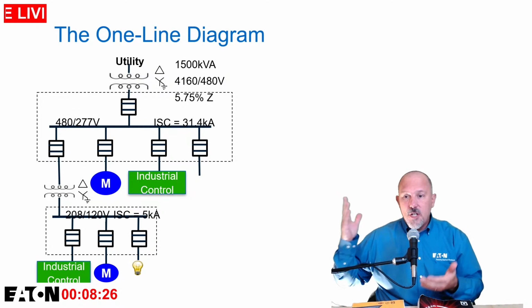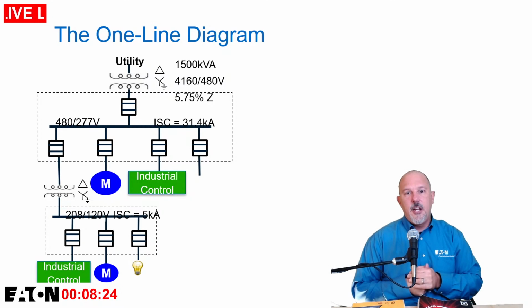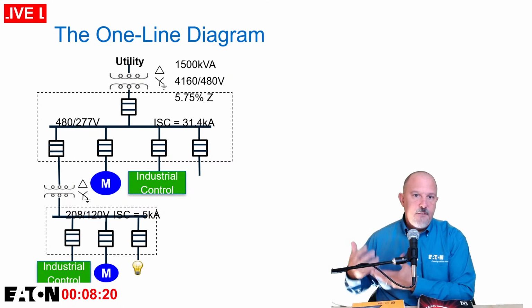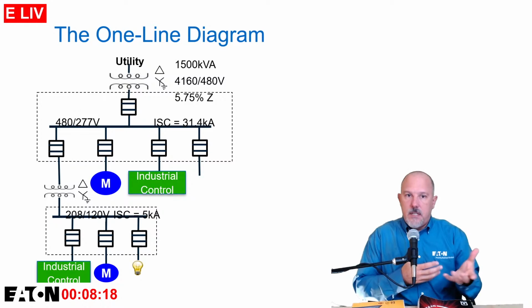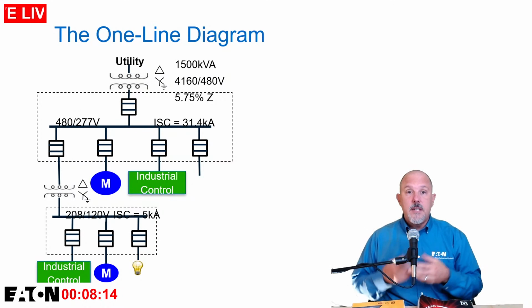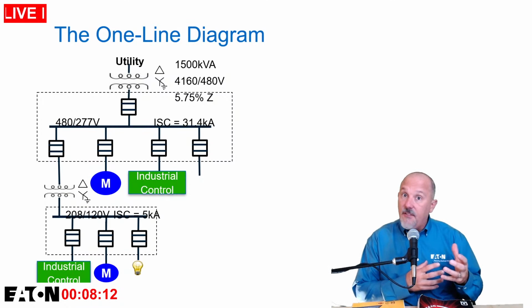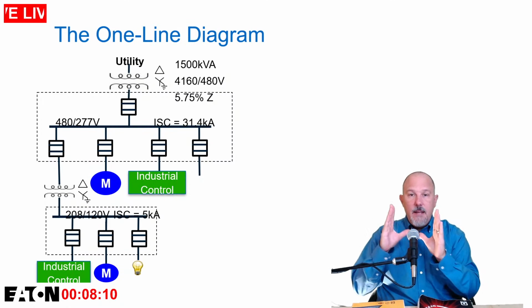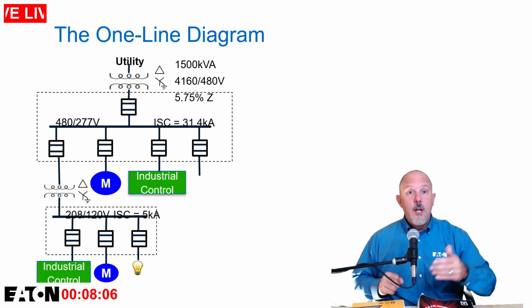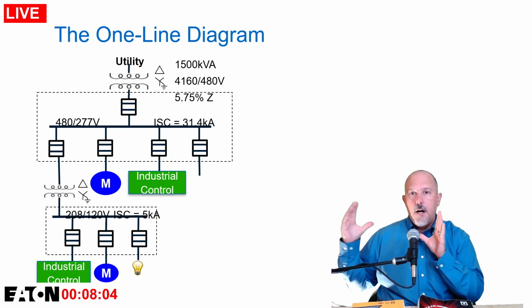Now, what I'm showing here is a one-line diagram that has your 1500 kVA, 4160. I'm showing voltage right next to this symbol. It could be that your one-line diagram doesn't have all of the information right next to every component. There could be tables. In fact, you could have a reference diagram that says all of your transformers are on this other drawing.